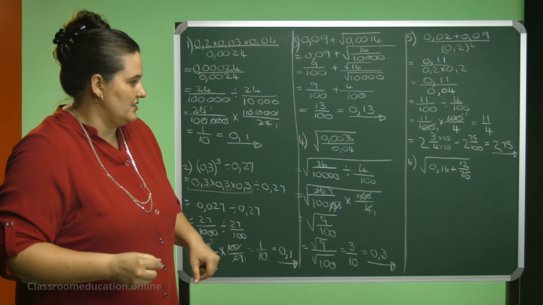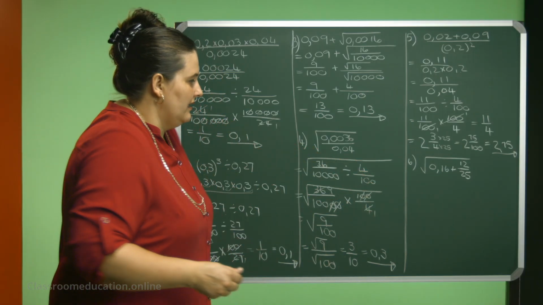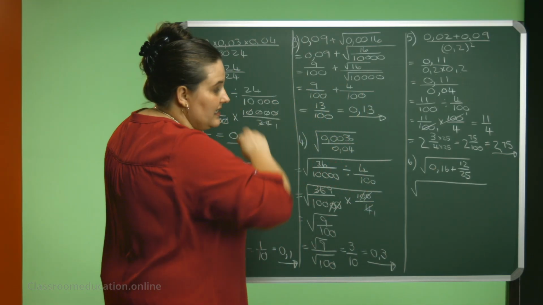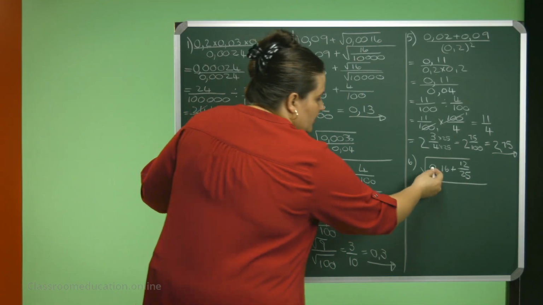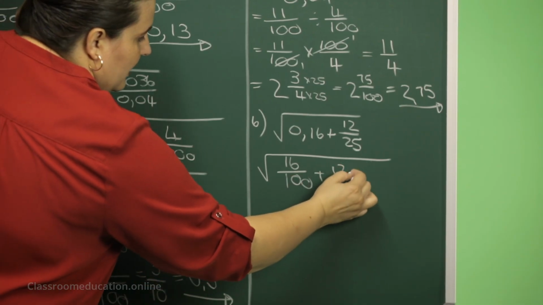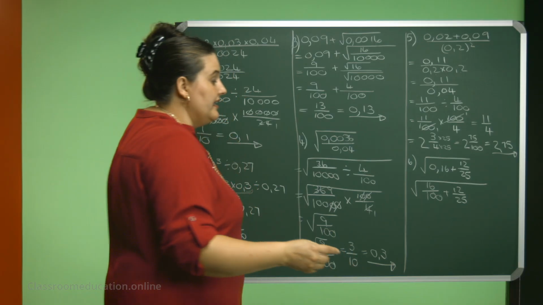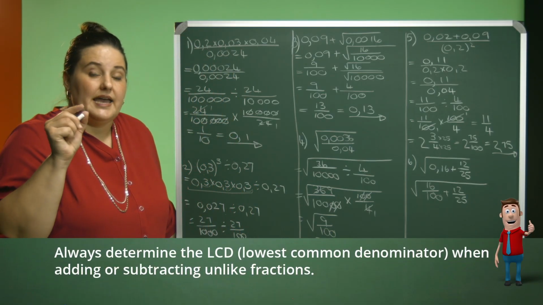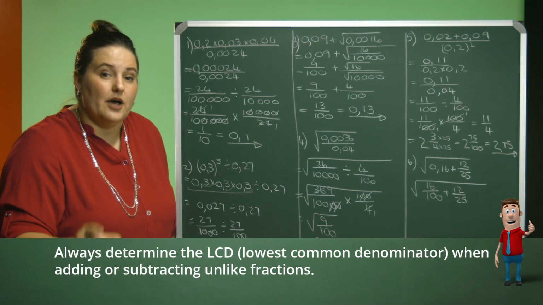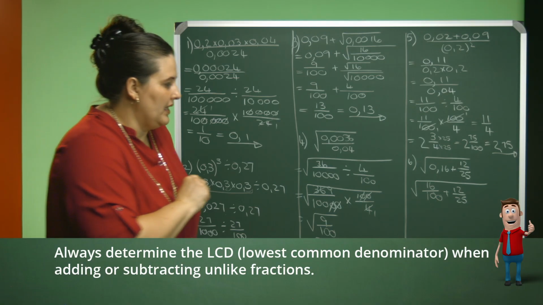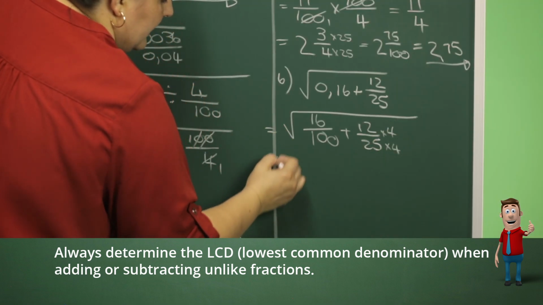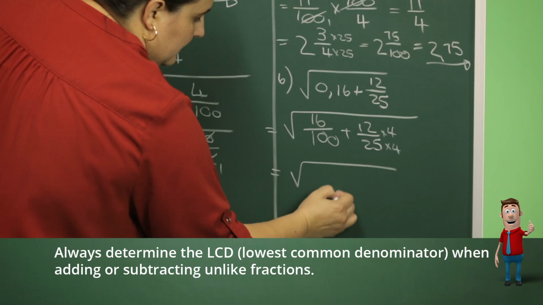This might take a bit of time, but guys, if you understand what you are doing, it's so nice doing these calculations. Last one. Square root of 0.16 plus 12 25ths. I'm going to change that to a common fraction, 16 hundredths plus 12 25ths. Now, you must add these fractions, but before you can add them, the denominators must be the same. So I'm multiplying that one with a 4, creating my LCD as 100.